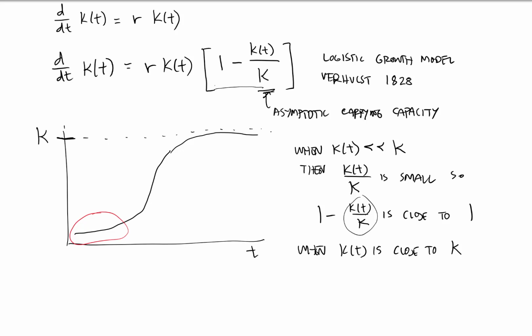So the change in k of t is going to be close to no change. It's close to 0. When k of t equals exactly K, then this multiplicative term is going to be 0. And there's going to be no change in k of t, and k of t is going to be constant.